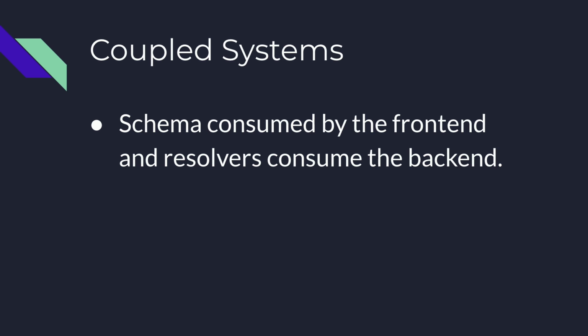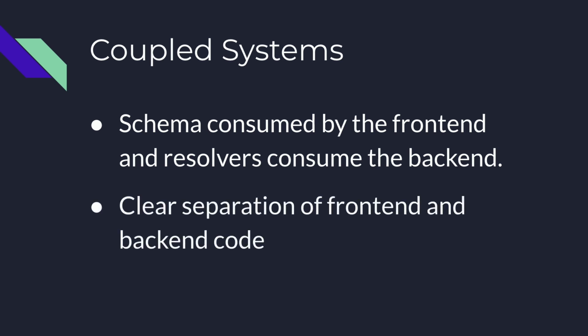This heavy lifting of mapping the resolvers and the schema is done by the GraphQL executor, for example, Apollo or Relay, right? There's clear separation of front-end and back-end code. So if my design changes, I can simply update the schema. If the backend says that now I will revamp all the APIs, just update the resolvers. There's no need to couple the systems now.